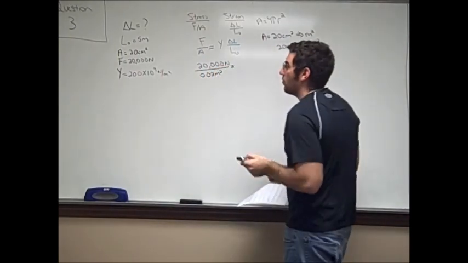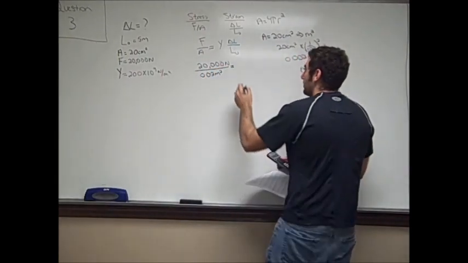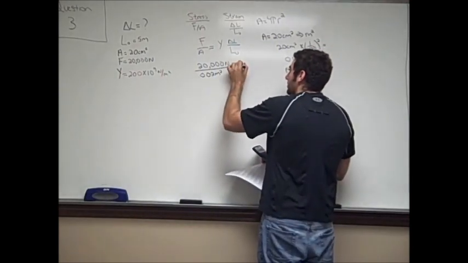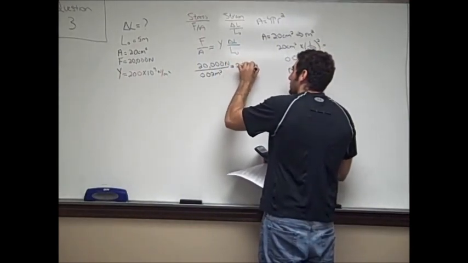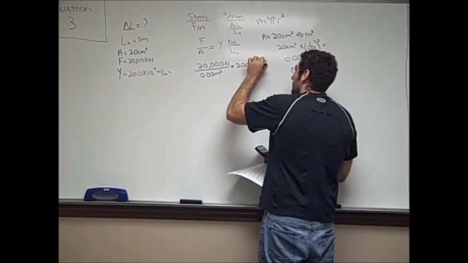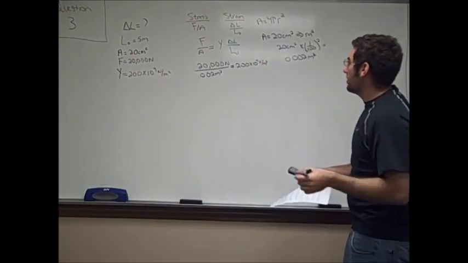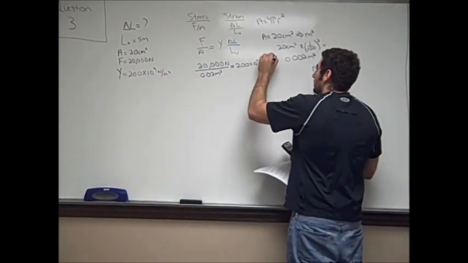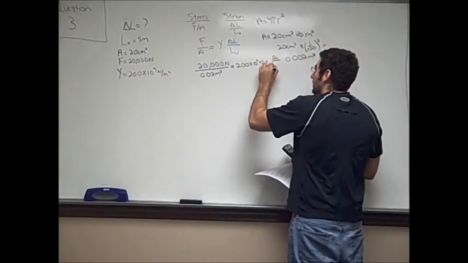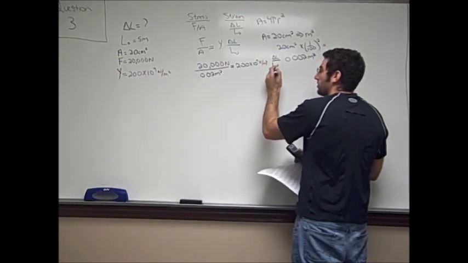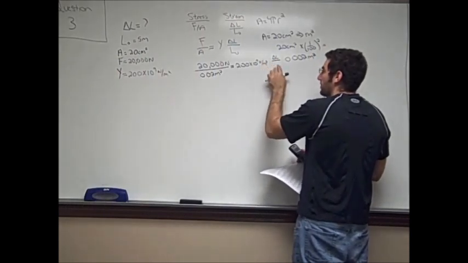Now we can go ahead and plug in Young's modulus for Y, so 200 times 10 to the 9th newtons per meter squared. And then the change in length is what we're looking for. And we know the original length, so we're going to plug 5 meters in here.